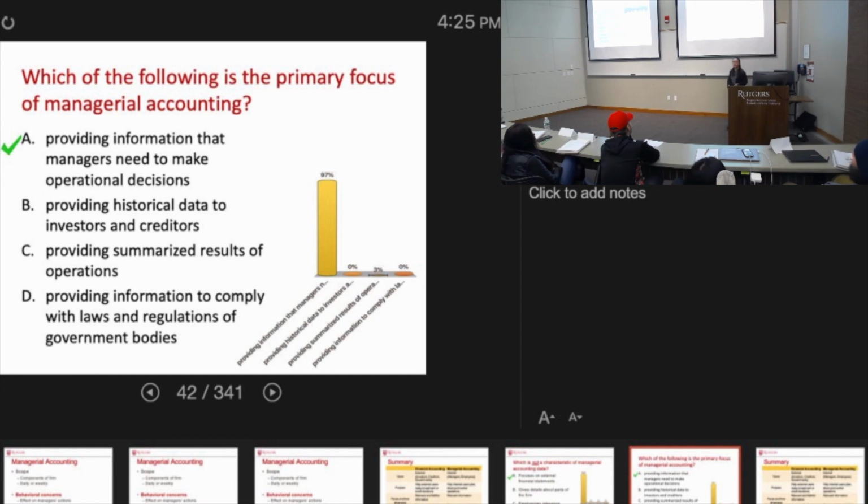So who can explain why C is not the right choice? Because it's actually looking for more detailed information which can help you in your managerial role to take a decision. So a summarized result is not going to be a really efficient way to take a decision.